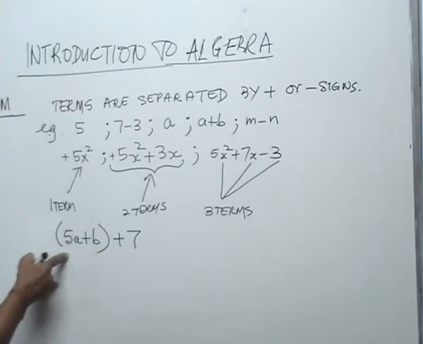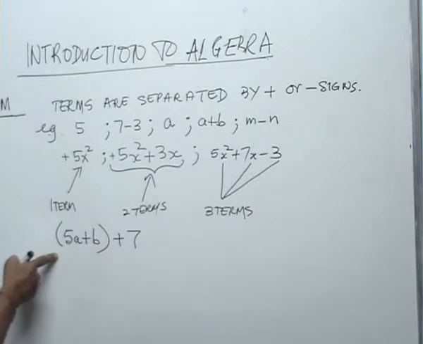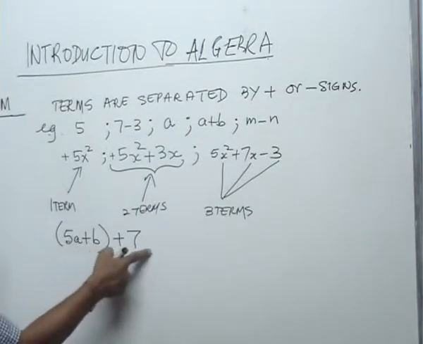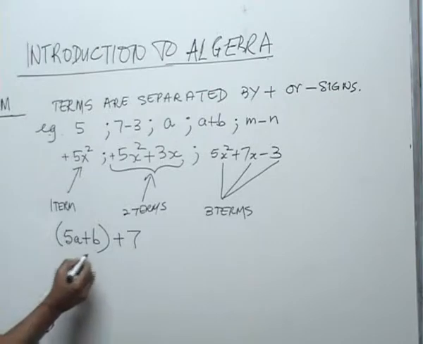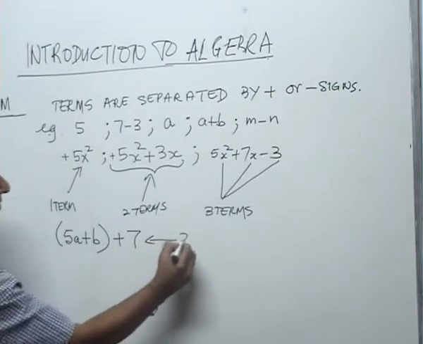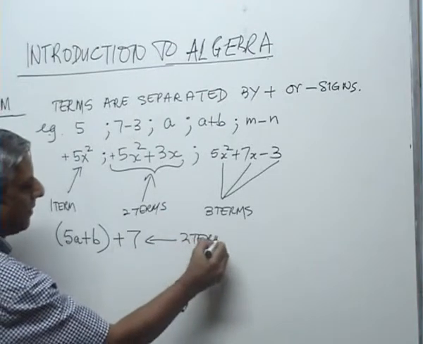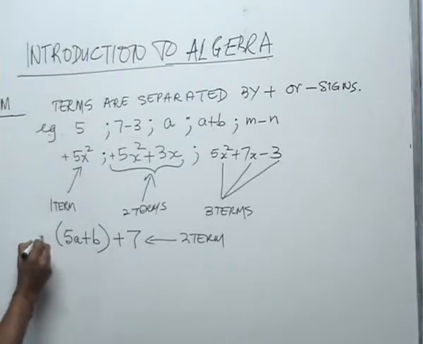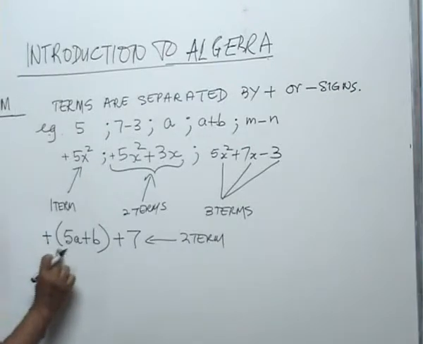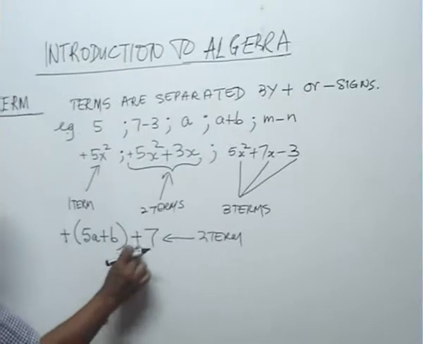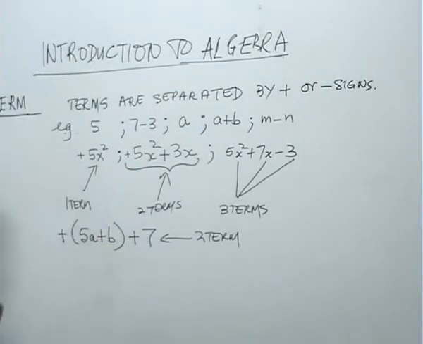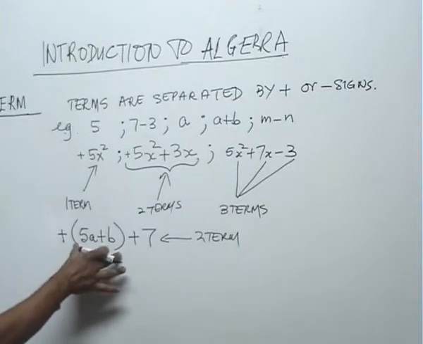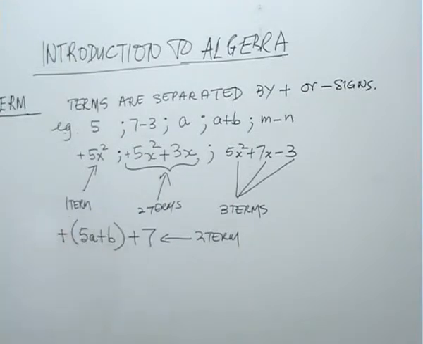Then this whole thing is considered one term, and plus 7 is considered another term. So in this example there are two terms, because there's a plus sign understood here. So from here till here is one term, and then from there till there is another term. So remember that everything inside a bracket, this whole thing is considered one term.